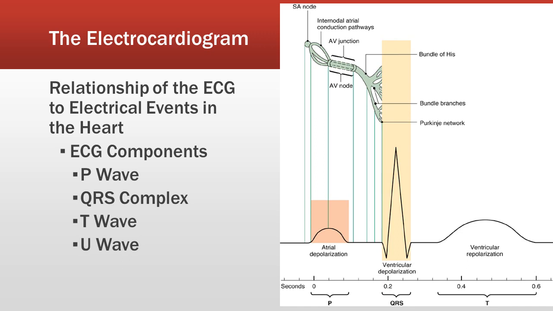After the T wave, you may have an upward deflection, a little bump, called a U wave. In some people that's normal, in others it can show signs of injury or other problems. So that's the representation of the P, QRS, and T waves.